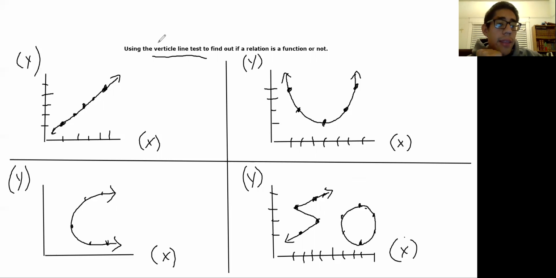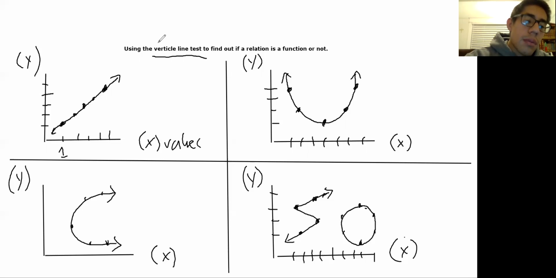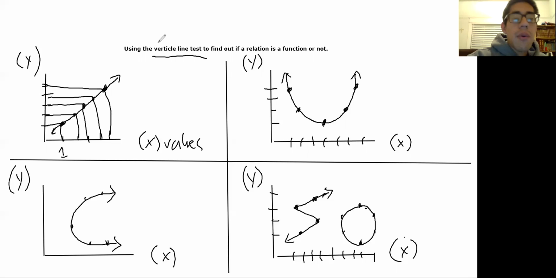So here in the first example, we have a straight line. For every x value, remember, these are your x values, for every 1 x, there's 1 y. Do you guys see that? Every single point has 1 unique x, and it has 1 unique y. So is this a function?